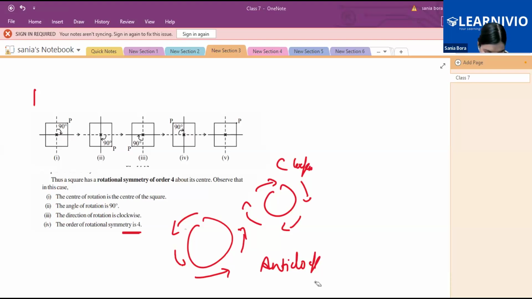Ma'am, but other objects can have a smaller angle, a different rotational symmetry number, for example, 35 degrees, right? Correct. For example, if we have an octagon, it could have 35 degrees, and even less than that probably.